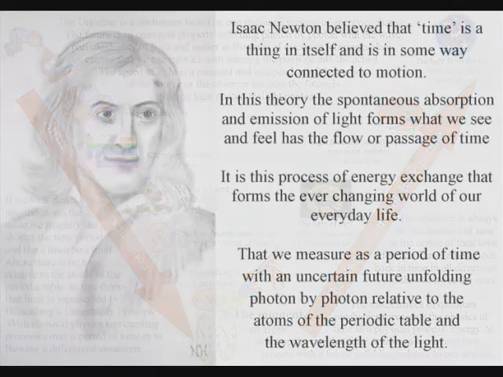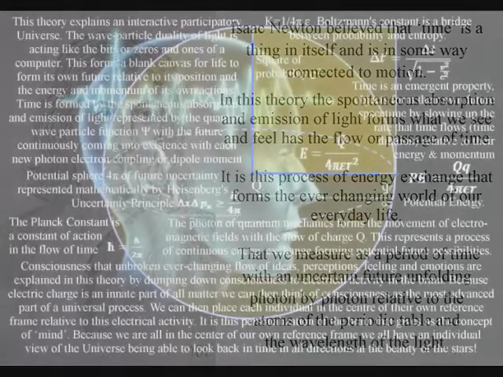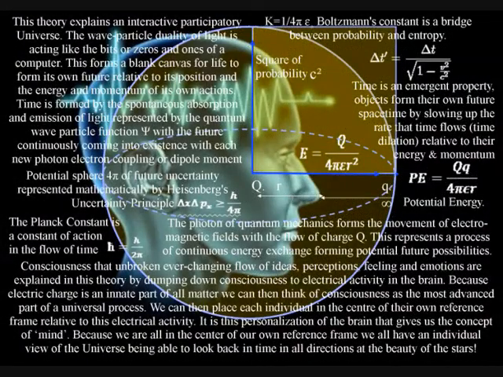The main reason why this is so difficult to comprehend is because we are part of the interactive process. The electrical activity in the brain that forms conscious awareness is based on the same universal process of energy exchange, with the continuous flow of ideas and perceptions always being in the moment of now, in the center of their own reference frame.